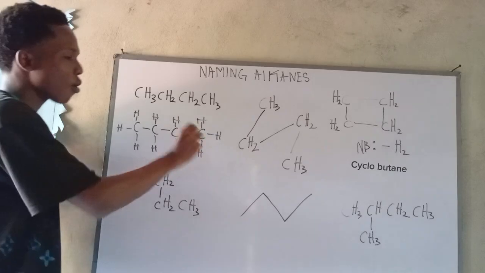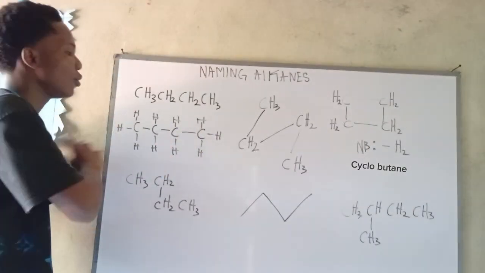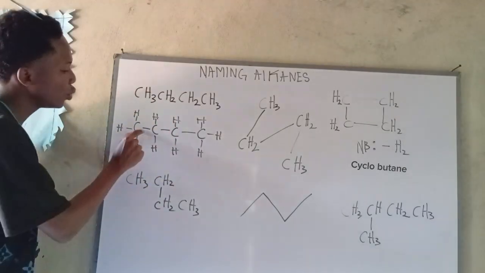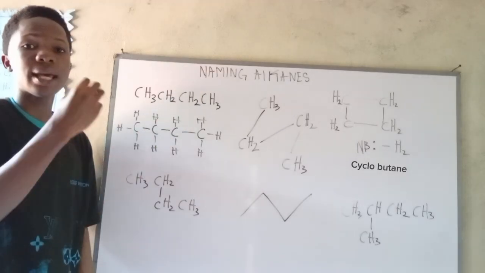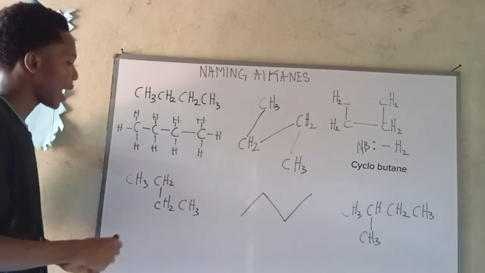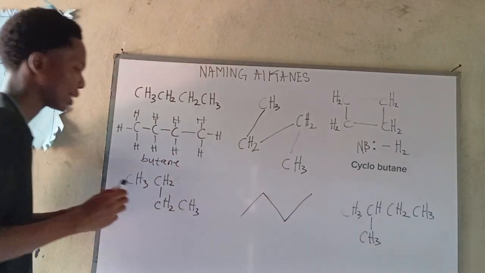Because it's four carbon, from the table I showed you before, you know four carbon is represented with but. Now, looking at the bond, a single bond means it is an alkane, which we represent with ane. So therefore, we'll call this guy butane. It's as simple as that.